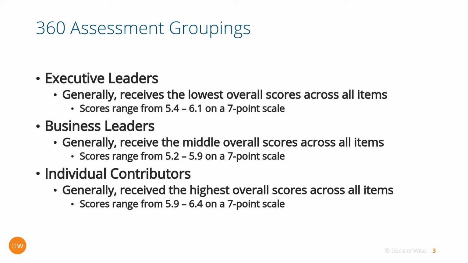So this to me shows that there's enough safety created in this 360 process for people to be transparent, honest, and vulnerable in scoring business and executive leaders. So I'm actually kind of happy to see this be the case. And again, low is relative, right? By no means is a 5.4 a poor score, but yeah, those are my comments here.